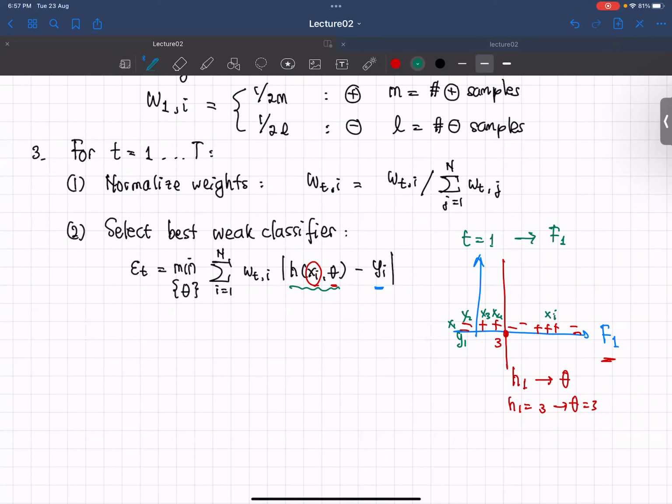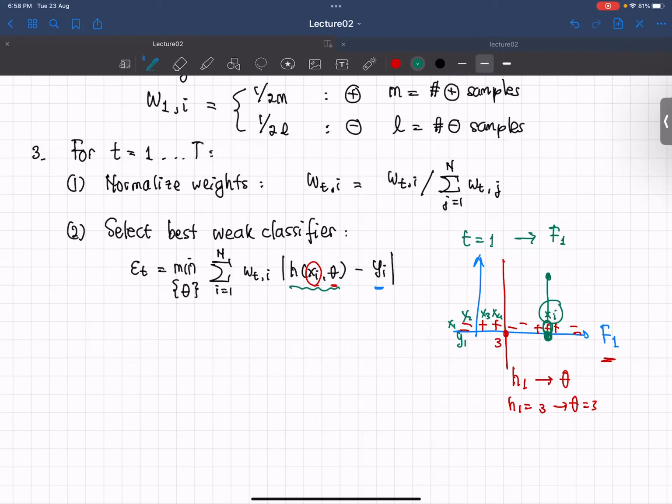The location on the x-axis is called Xi for that sample. Let's take a look at this Xi. It is not in a two-dimensional space, because as I mentioned, we are talking about one dimension. I'm talking about a point on the F1 axis.